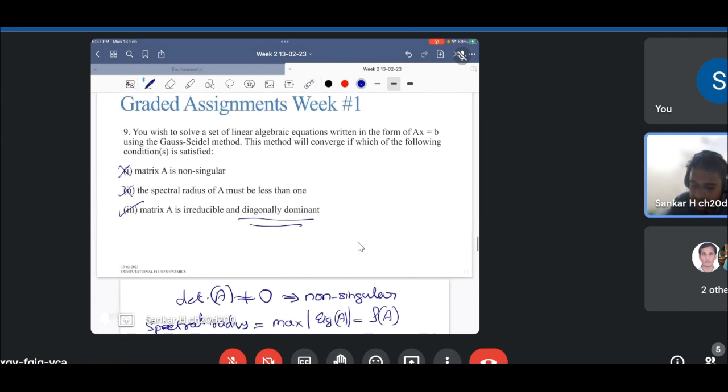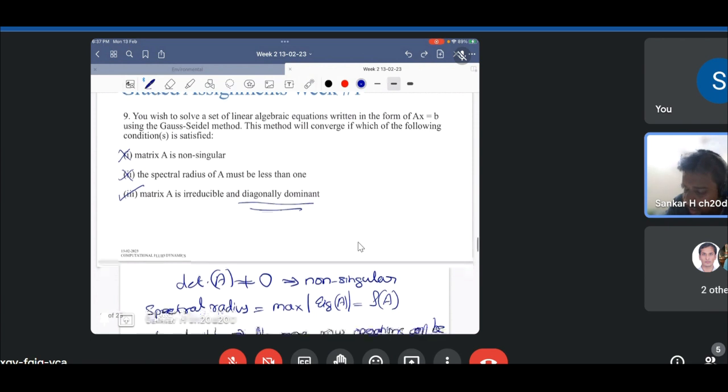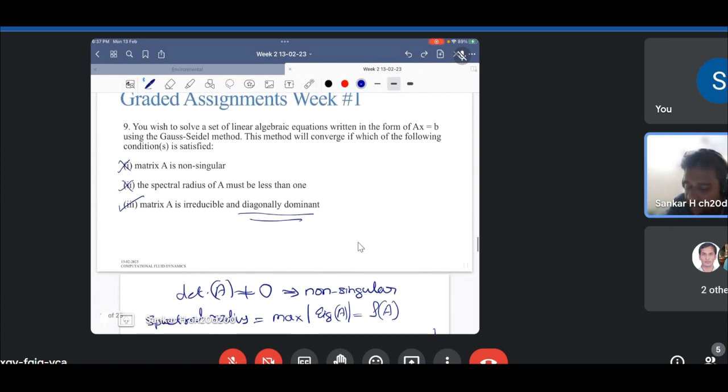So among these answers, a non-singular matrix is not a sufficient condition to claim that the convergence criteria is satisfied. The spectral radius of the iteration matrix must be less than one, not that of matrix A. And the third one, that matrix A is irreducible and diagonally dominant, is the sufficient condition for the convergence criteria.